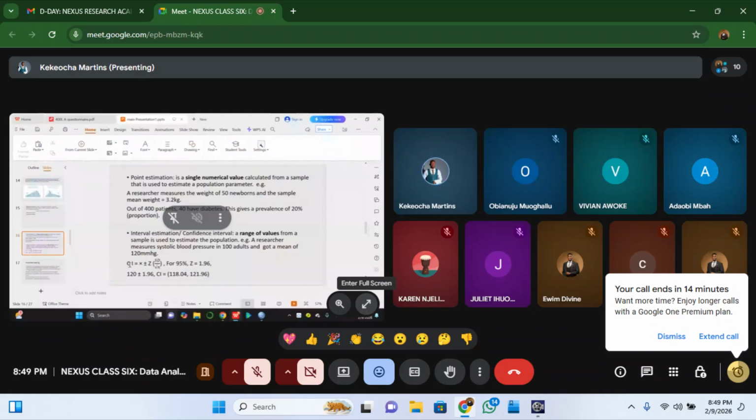So I don't know if you can see my screen. Yes, I can. And this is the formula. Confidence interval equals x, where this x is your mean. This z is a fixed value: for a 95% confidence interval, the value for z is 1.96.